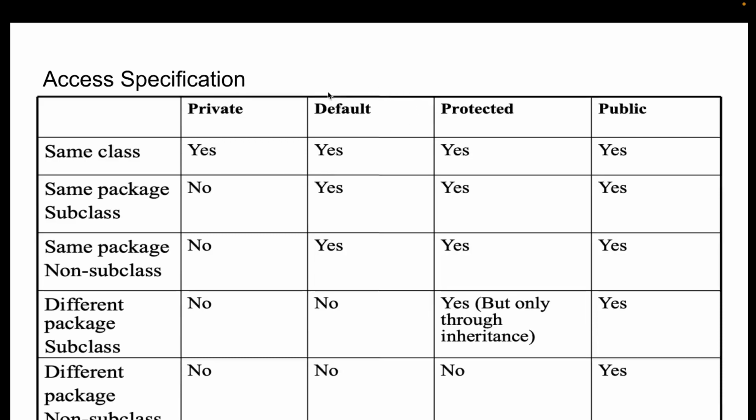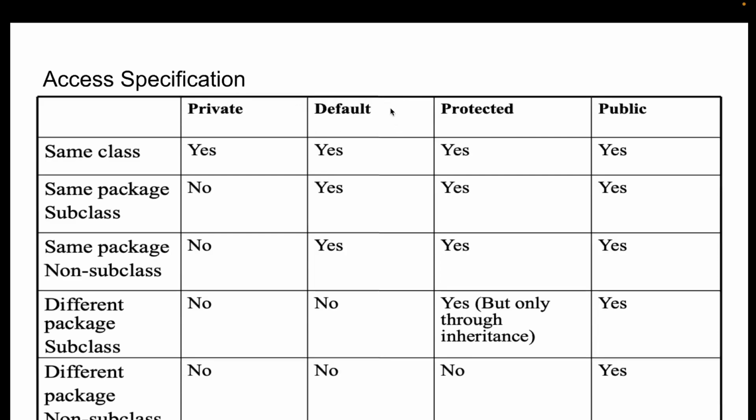Let's see another access specifier, that is default. What is basically default? If you do not specify any other access modifier like private, protected, or public before your class name, before your method name, or before the variable name, by default it is at the default access level.